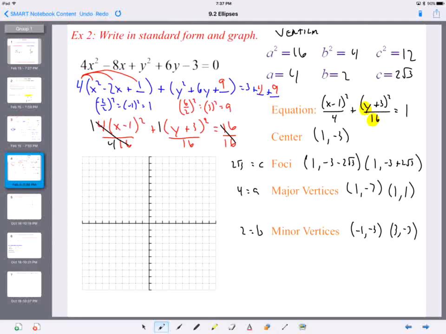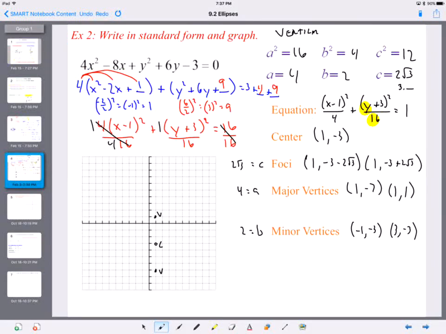So your center is at 1, negative 3. Your major is at 1, negative 7. So we should be counting 4 units this way and 4 units up, so at 1, 1. So these are your major vertices. This is your center. Your foci is 2 square root of 3 away. Well, that is approximately, the square root of 12 is approximately 3 point something.